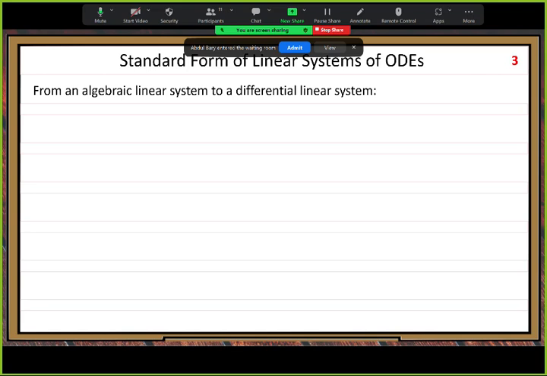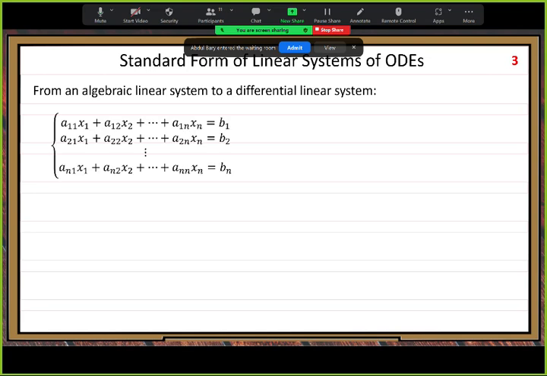First, let's recall the standard form of an algebraic linear system. Linear algebra, no derivatives. So it's like this, an algebraic linear system.